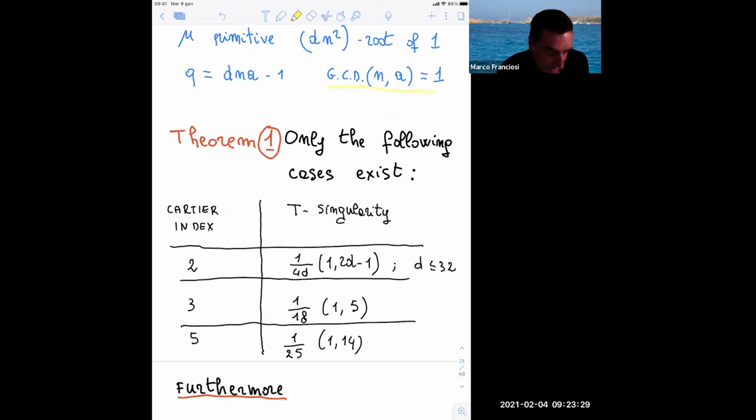For Cartier index 2, we have singularities of this type, 1/(4d)(1, 2d-1), and d is bounded from above by 32. For Cartier index 3, we have 1/18(1,5), only this kind of singularity. And for Cartier index 5, we have 1/25(1,14). So only these 3 cases.